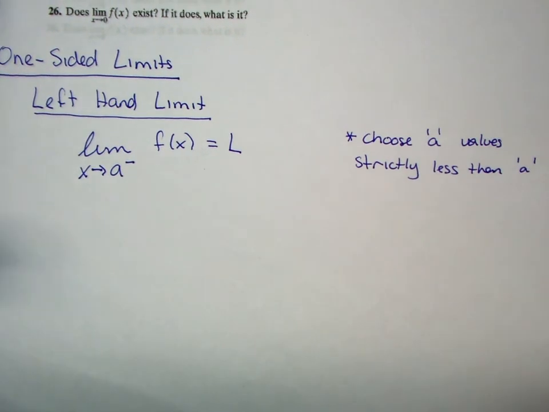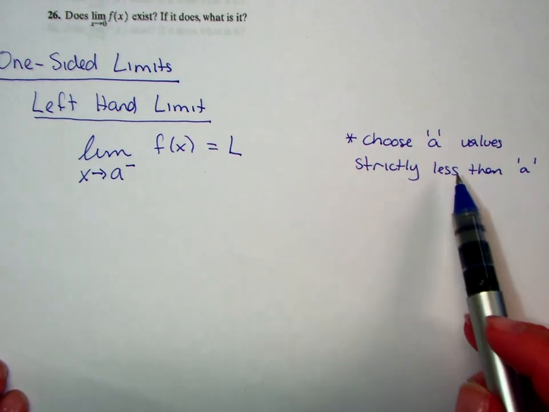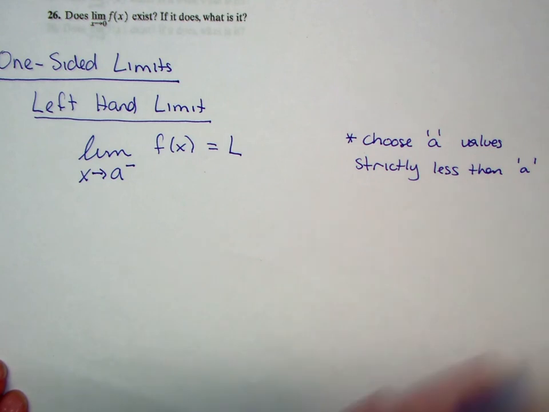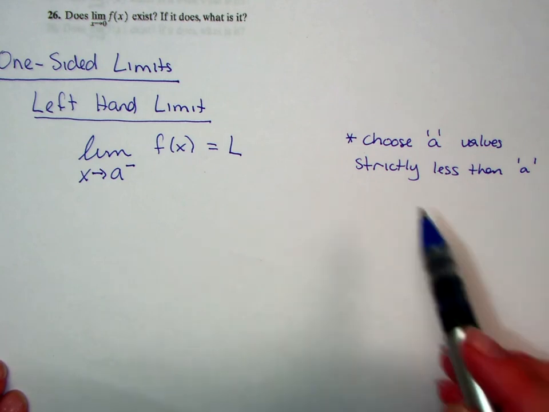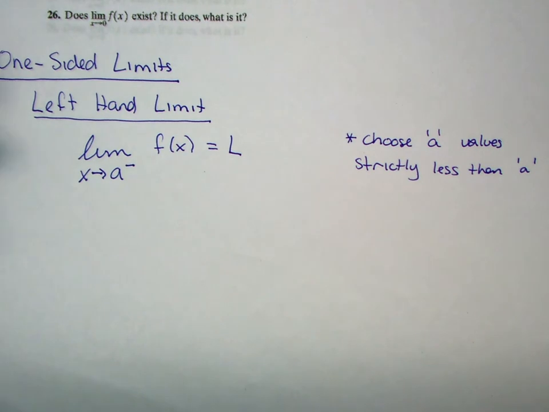Sorry. So the word strictly here is important because in a limit we can't let x equal a. So this is not a less than or equal to. This is strictly less than a. Okay, not greater than, not equal, only less than. We're only going to pick x values less than a when we evaluate a left-hand limit, right?